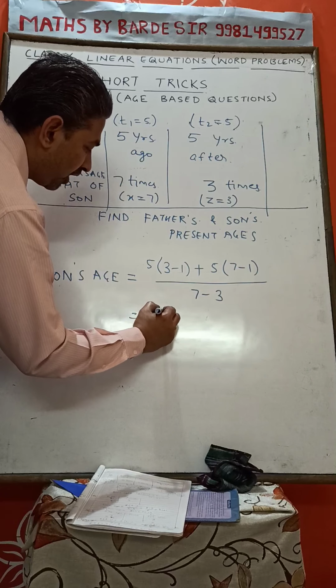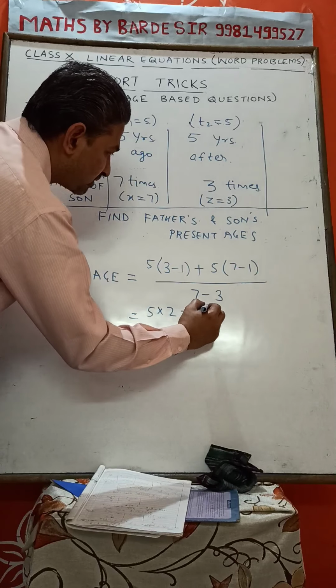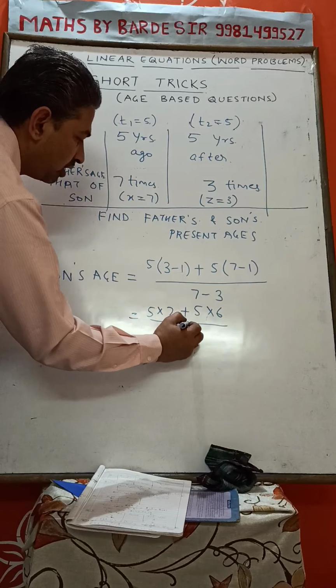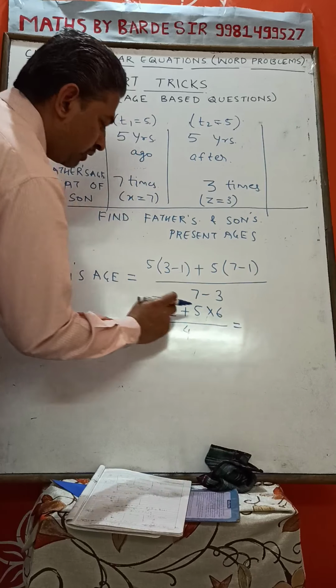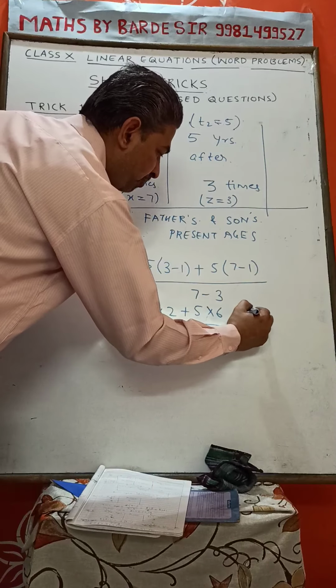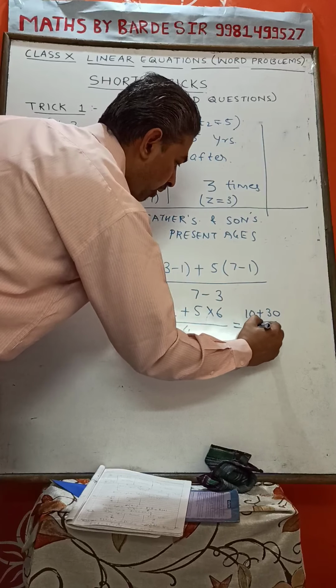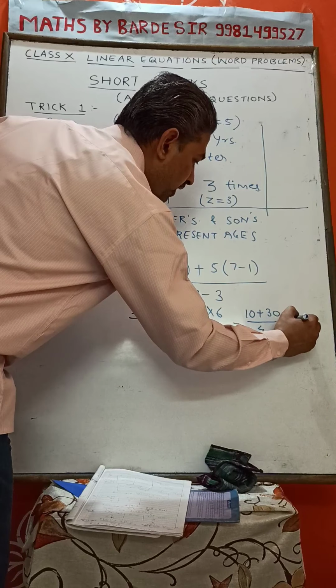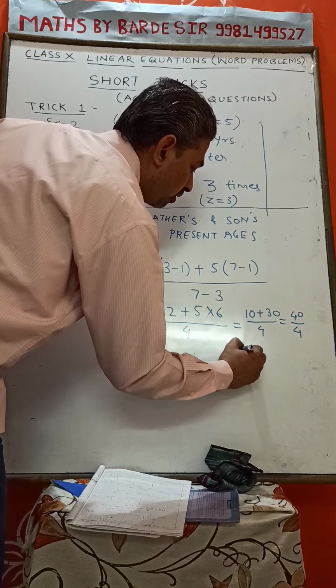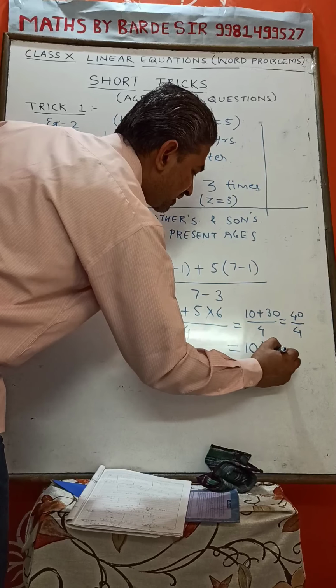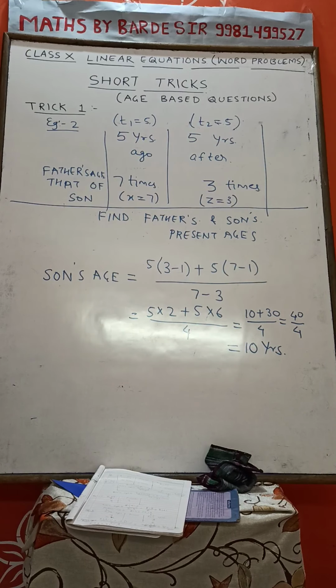So that is 5 into 2 plus 5 into 6 upon 4. 10 plus 30 upon 4, 40 upon 4. So we get son's age as 10 years.